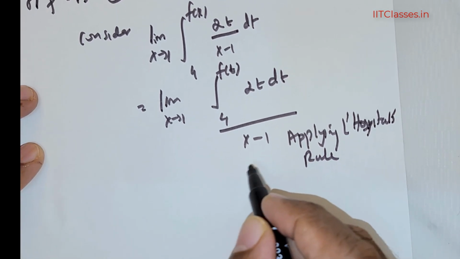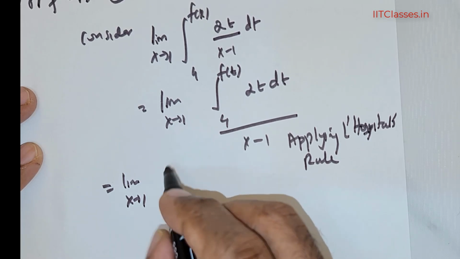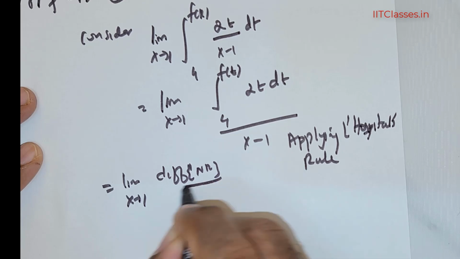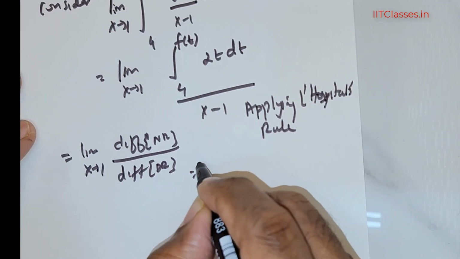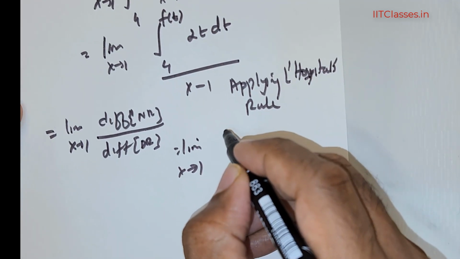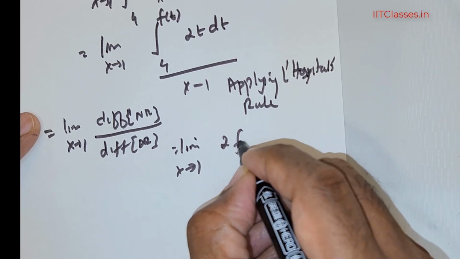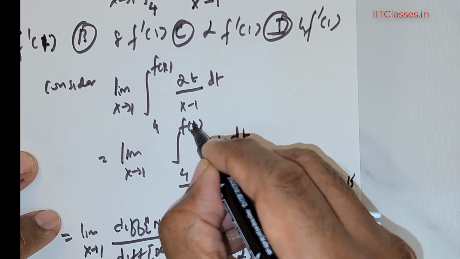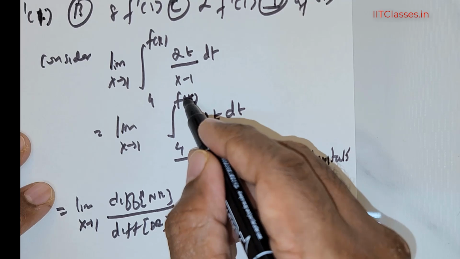That would mean I will have to differentiate the numerator and differentiate the denominator. So this is going to be the limit as x tends to 1. Differentiation of the numerator is going to be 2 times f of, now this is actually x, okay, it's not t, it's x.